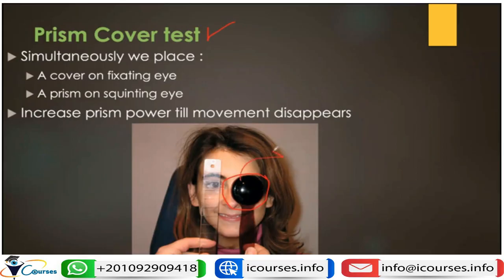By removing the cover and putting it again, this leads to a corrective or fixation movement in both eyes. We increase the power of the prism in front of the squinting eye until no movement of both eyes occurs. If there is still movement while we are increasing the prism power, this means that we haven't reached the final prismatic power of the deviation.